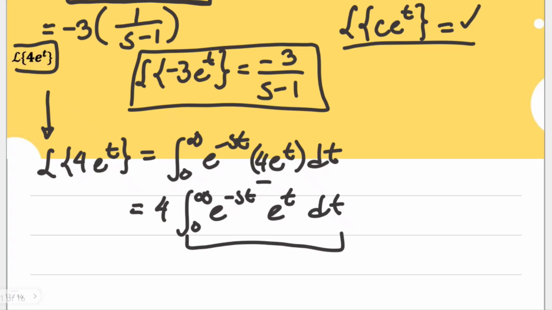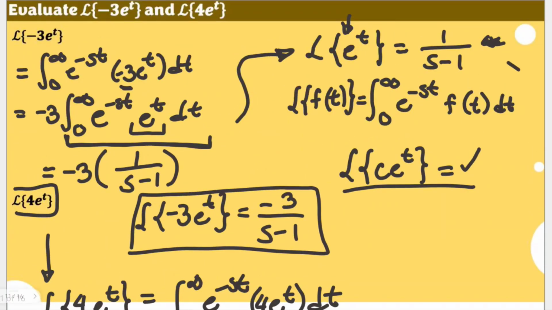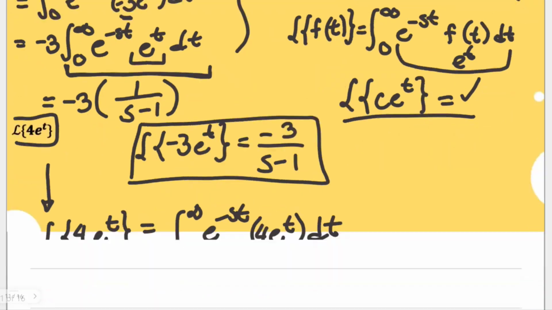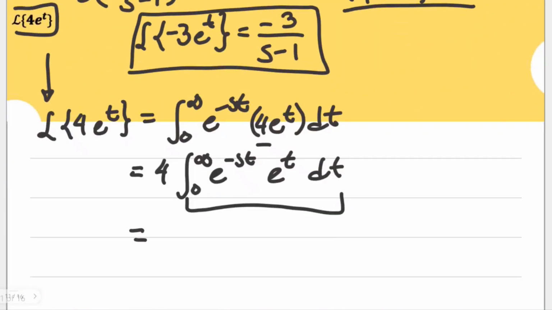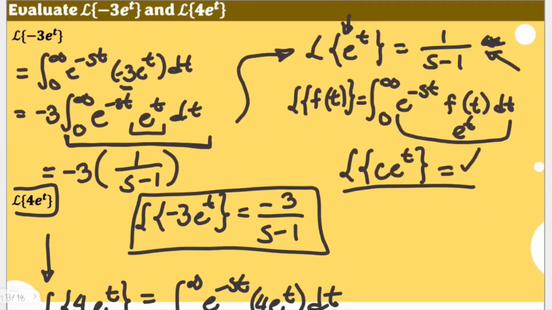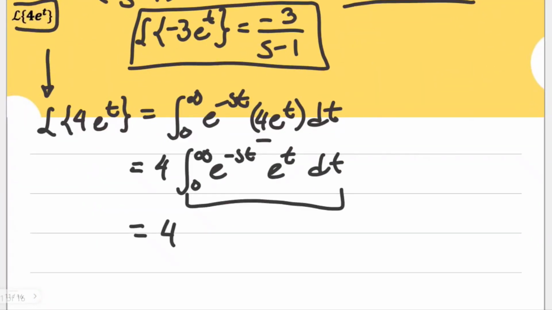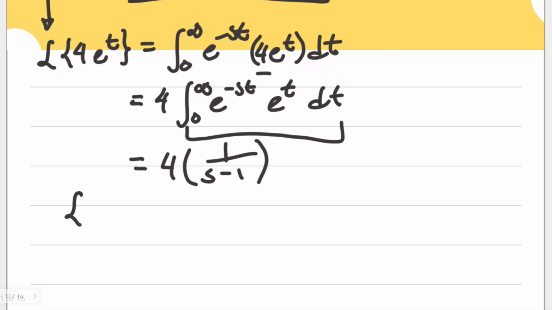Again, this was already identified by this form here, because this would become e to the power of t. So basically, it's just 4 times the equivalent 1 over s minus 1. Hence, the Laplace transform of 4 e to the power of t is equal to 4 over s minus 1.